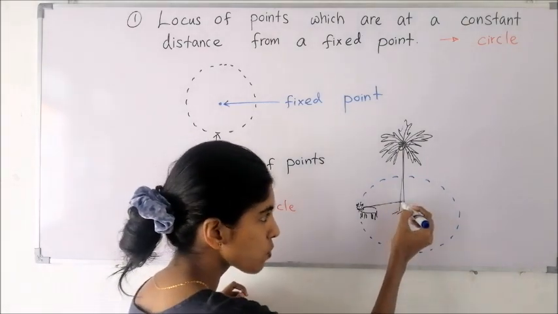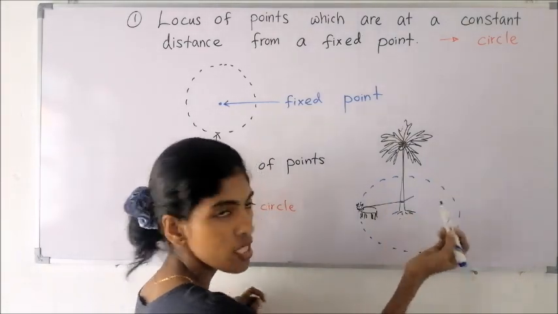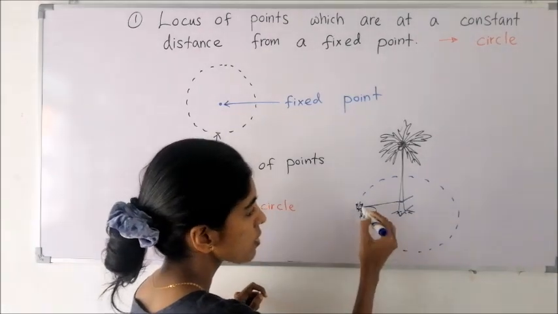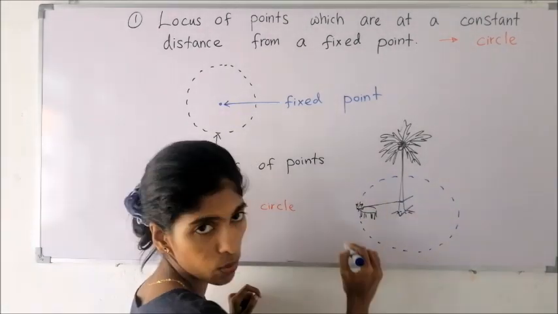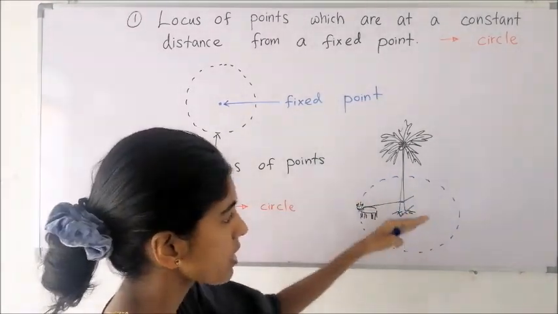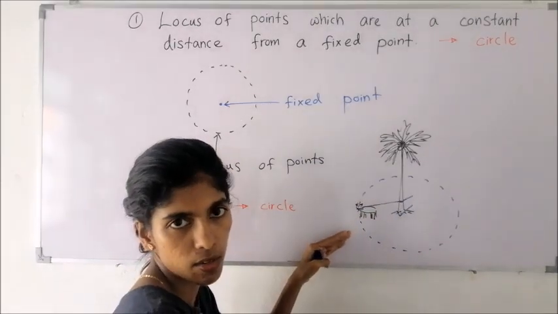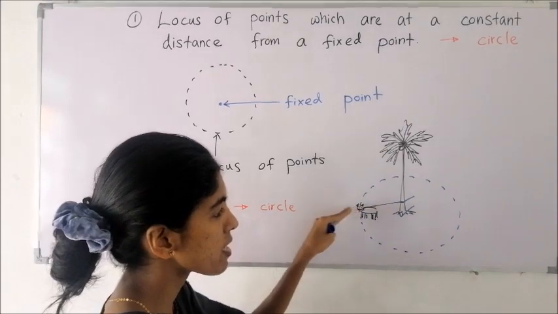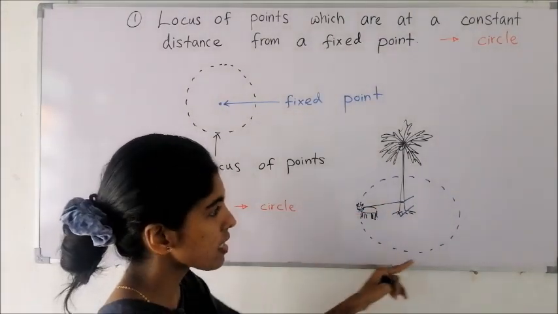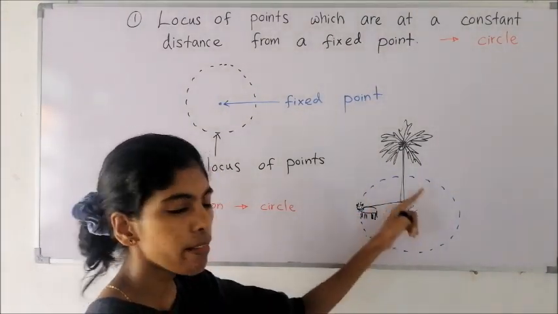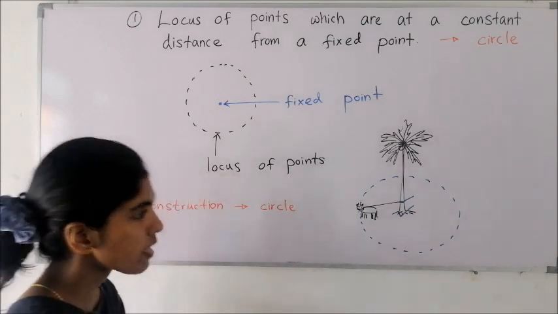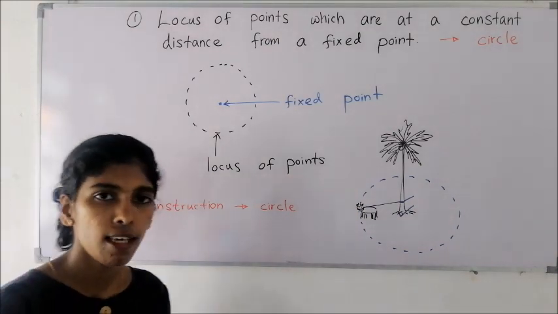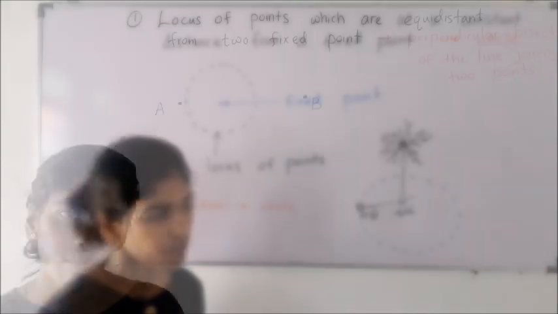This tree is the fixed point. So this is the path of the cow from this fixed point at a constant distance. Of course, it can move inside the circle, but when we consider the longest length, the path must be a circle. In our day-to-day life we can see such examples.